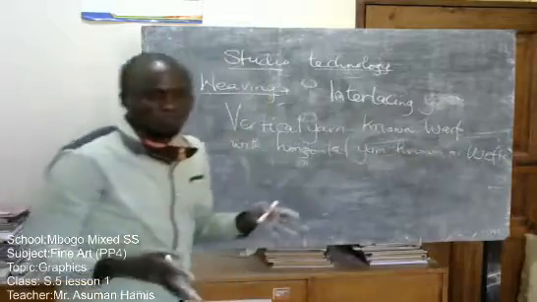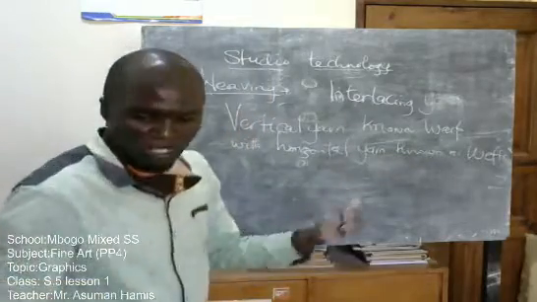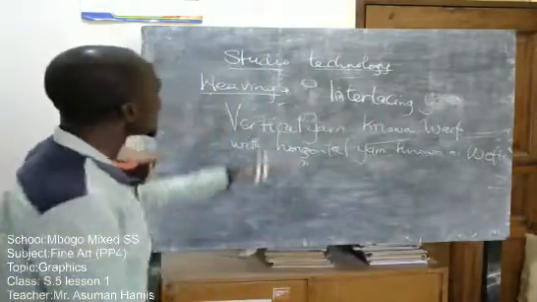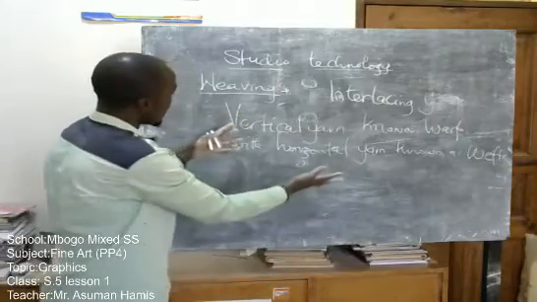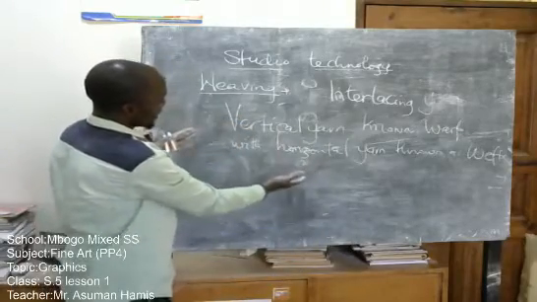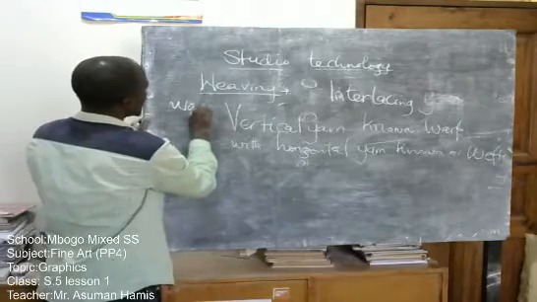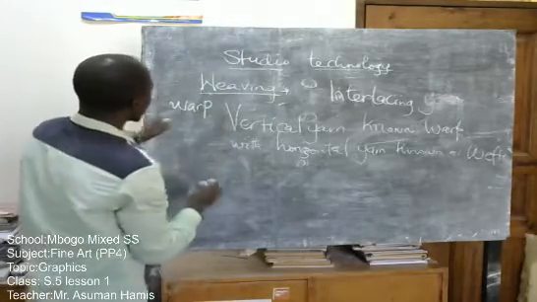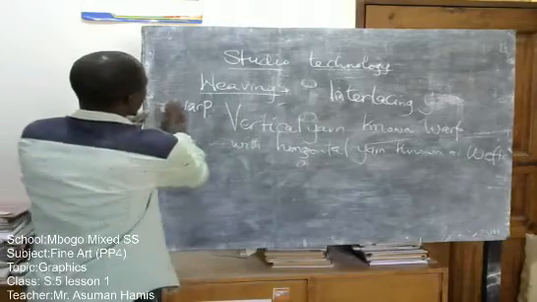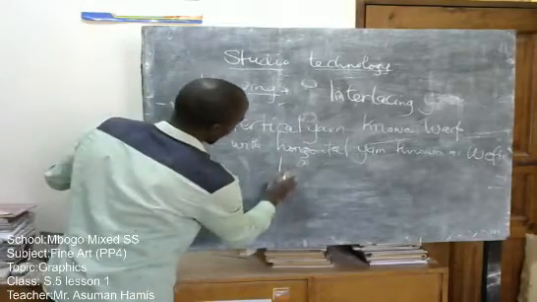Someone will ask you a simple question: what is a warp, or what is a weft? So this can be derived from our definition here. What is a warp? W-A-R-P, that is a warp. And we also have a weft.